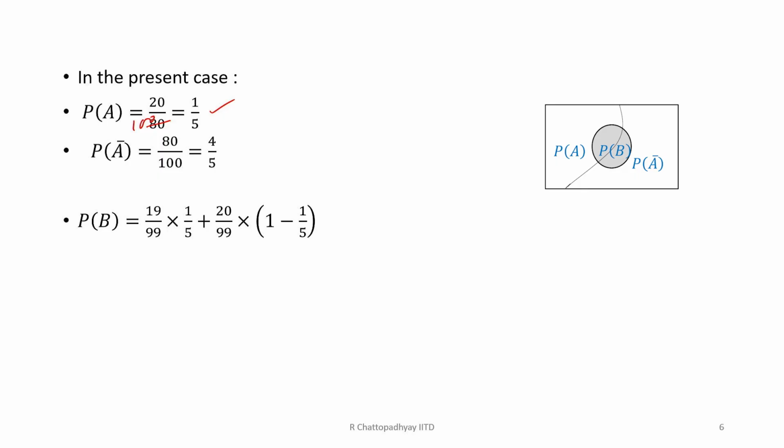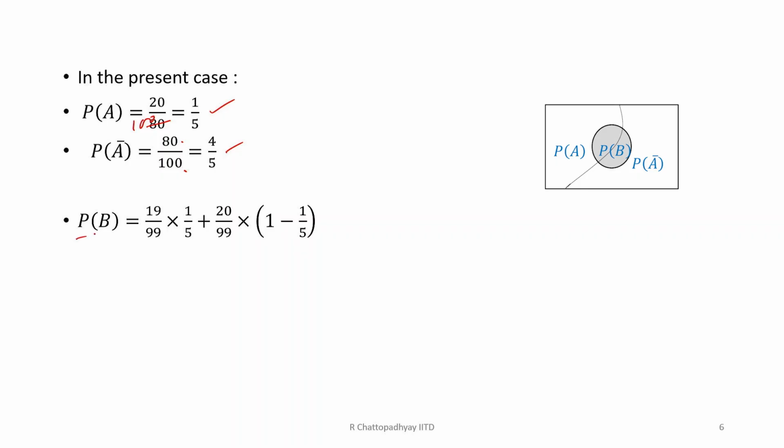So P(A) is going to be 1 upon 5 and therefore P(A bar) is going to be 1 minus 1 upon 5, which is 4 by 5, or I can write 80 by 100, that is also 4 by 5. So I can write either this way directly 80 by 100, or as 1 minus 1 upon 5, that is 4 by 5.